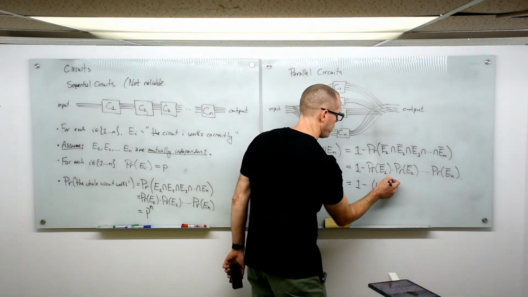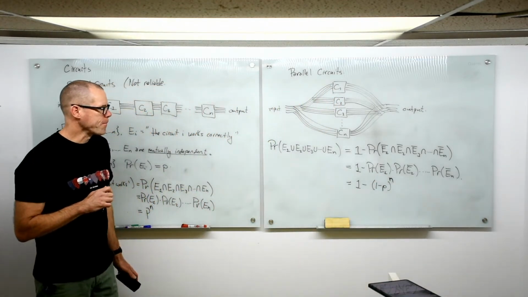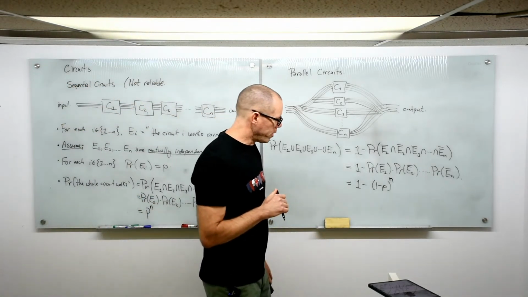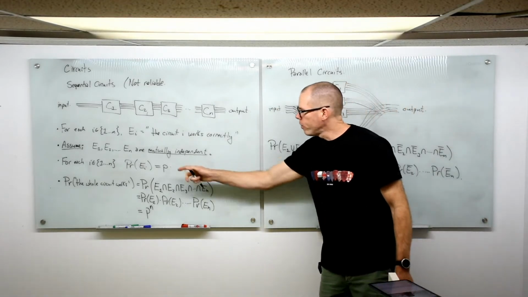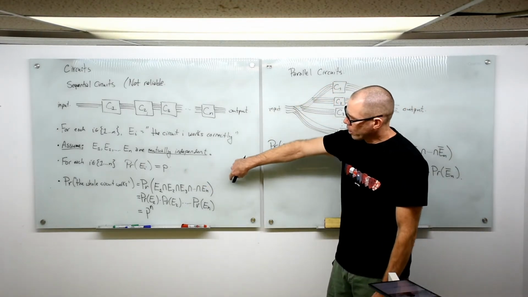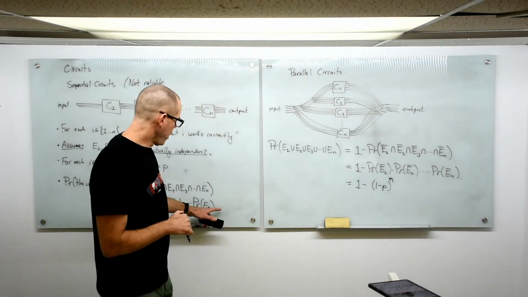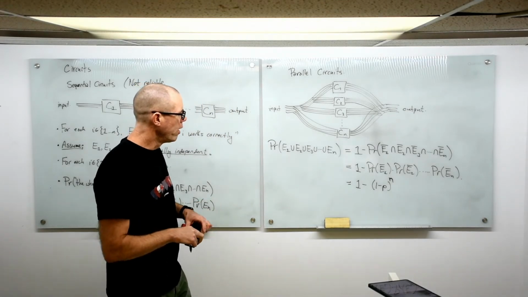So we get 1 minus P to the N. Okay. And now if we go with the same numeric example we used here, if P was 1/2 and N is 10, this works 1 out of 1,024 times, so the probability of working is only about 1 out of 1,000 here.